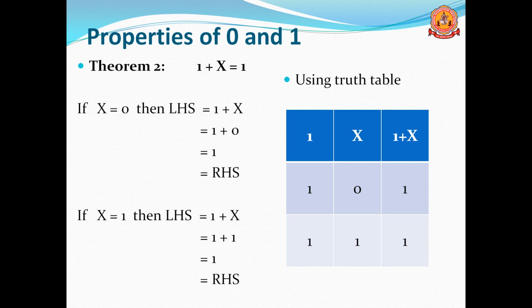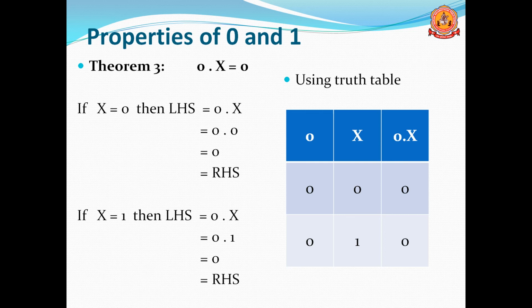Here you can see the truth table. 1 is always 1, x is either 0 or 1. 1 plus 0 is always 1, 1 plus 1 is also 1. So output is always 1, and it is proved.